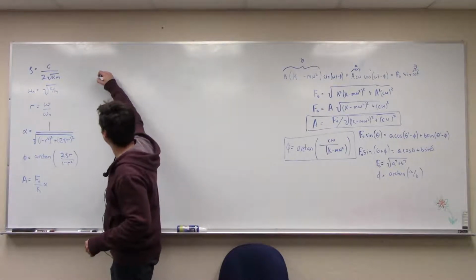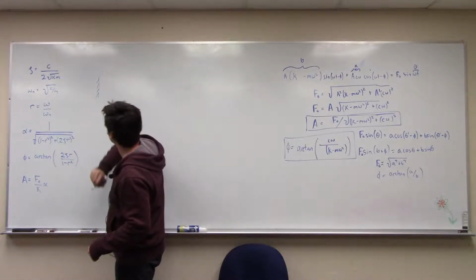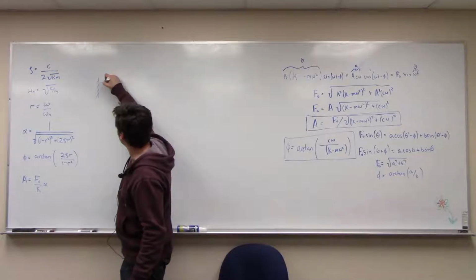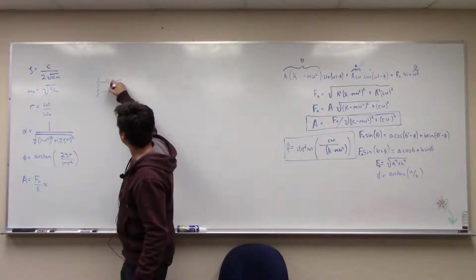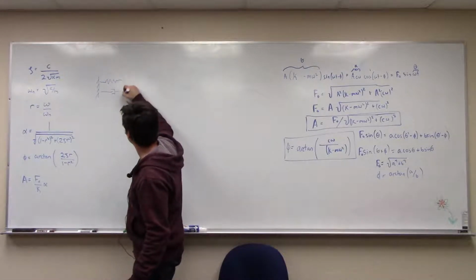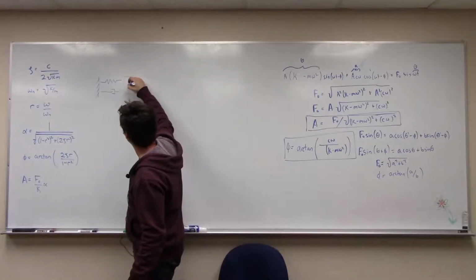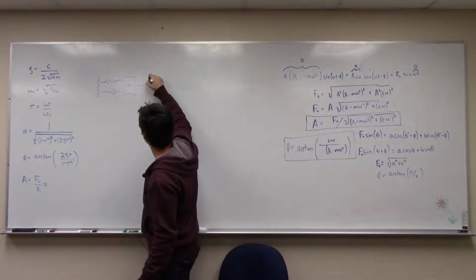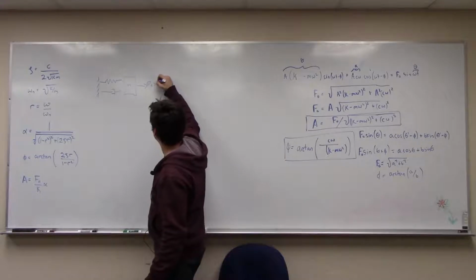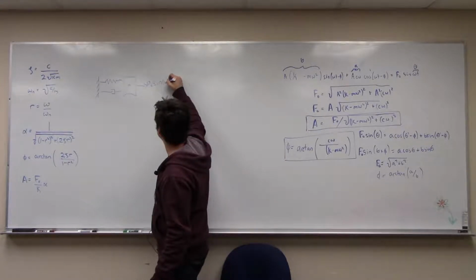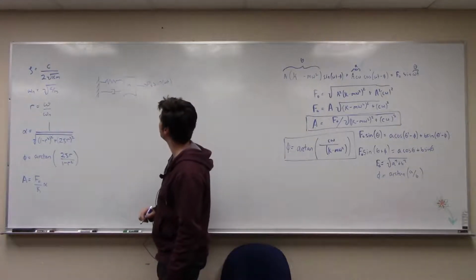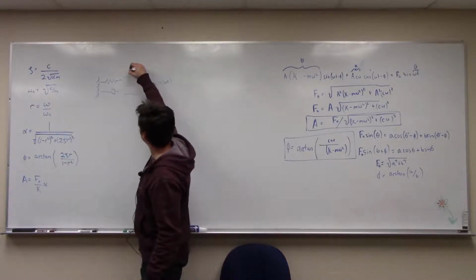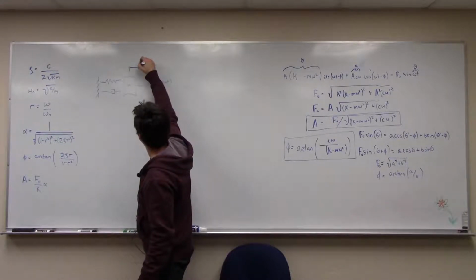Remember, we originally had this sort of problem. We had a spring here, and we had a damper, and we have a mass, m, and we were forcing it, F naught sine of omega t. Right? That was our original problem. And that amplitude is part of the solution x.